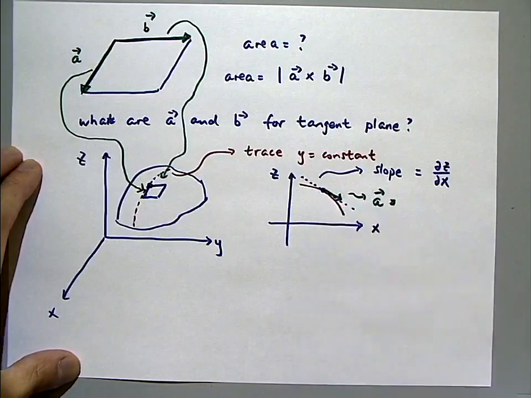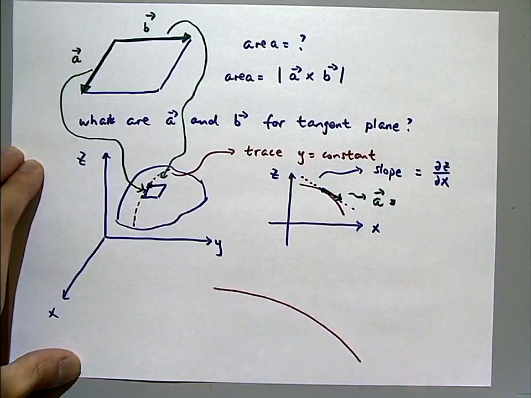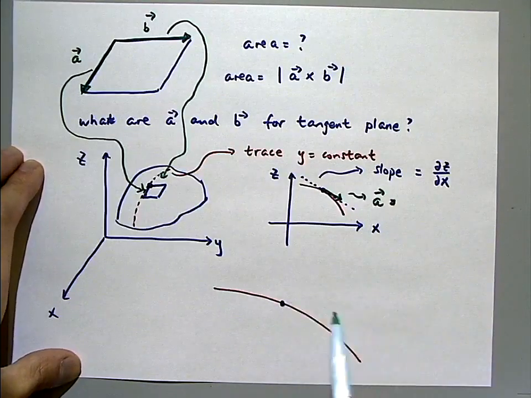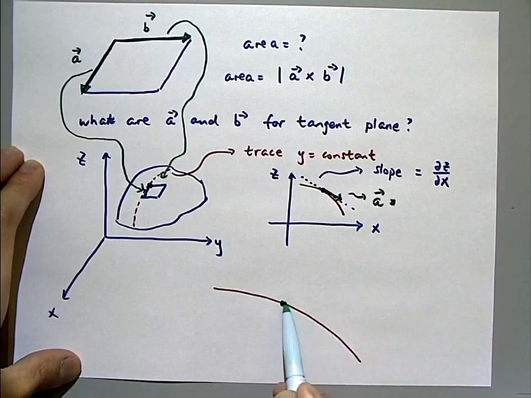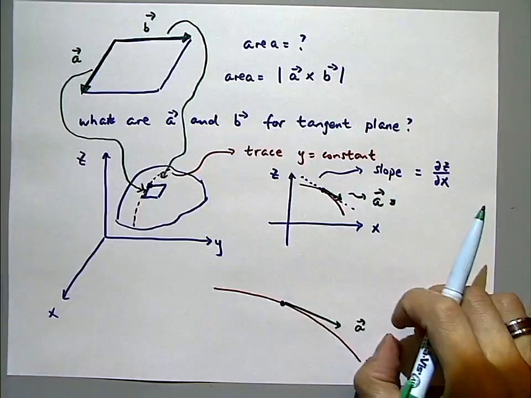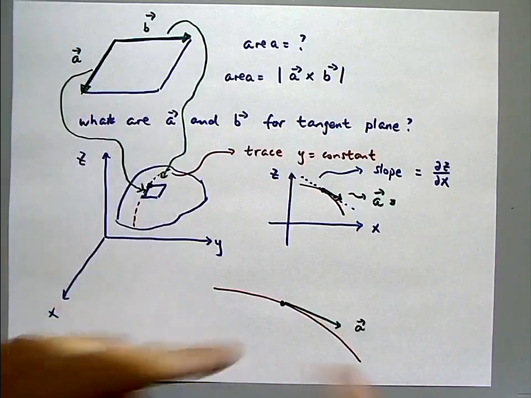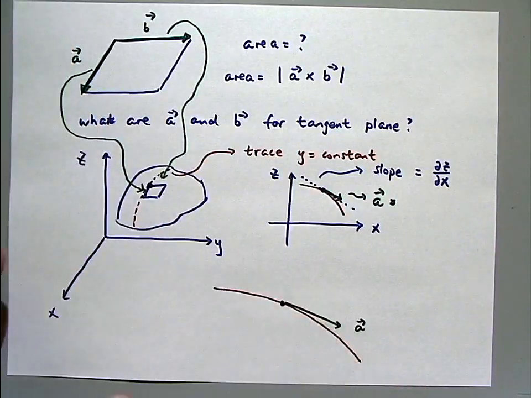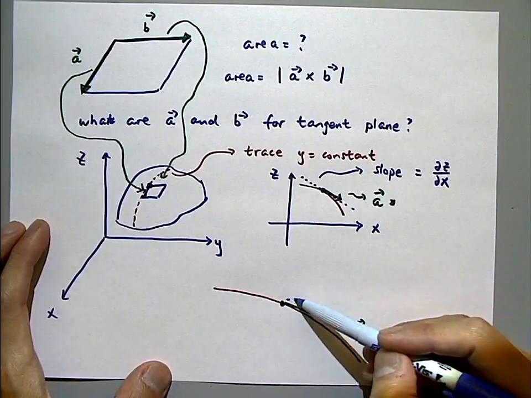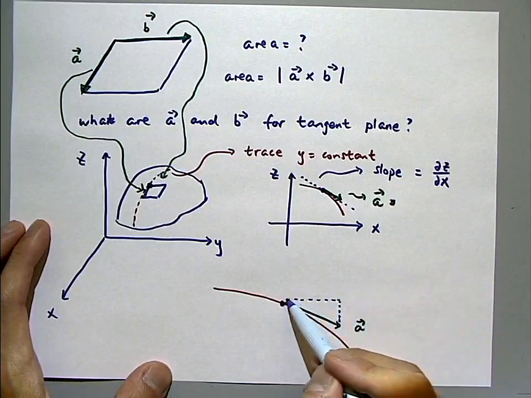Let me blow up the picture here. We'll find out what A is equal to. So that's our vector A. So looking at this edge now, that vector A looks like this from the side. And the vector A is made up of two vectors.